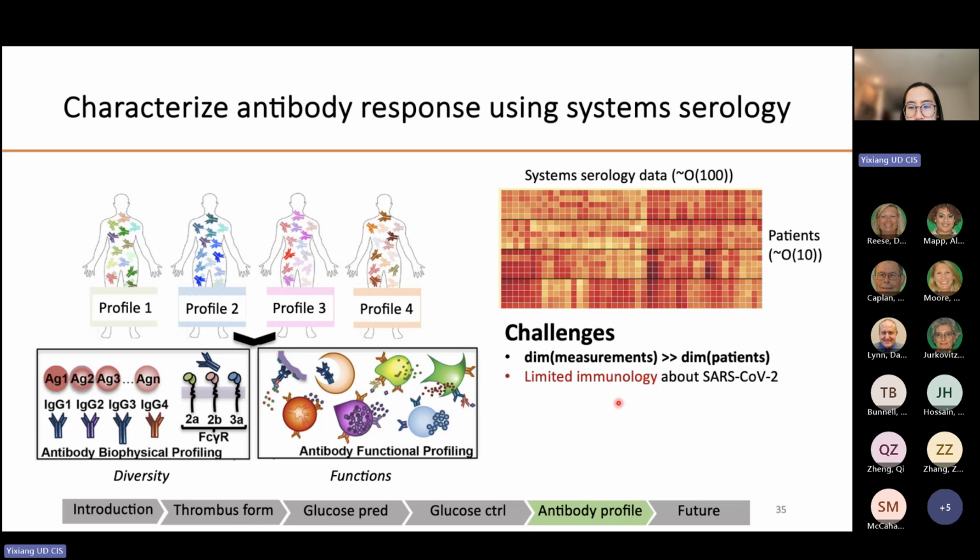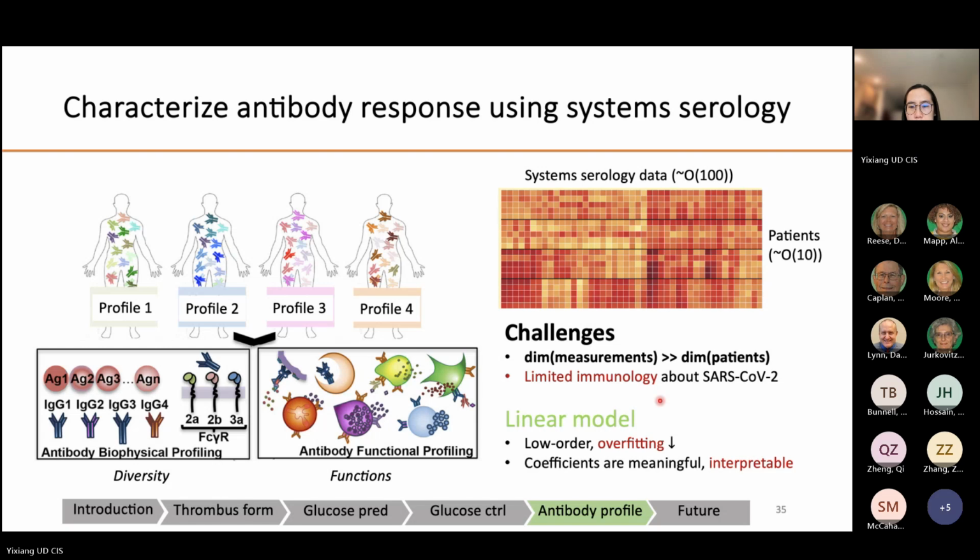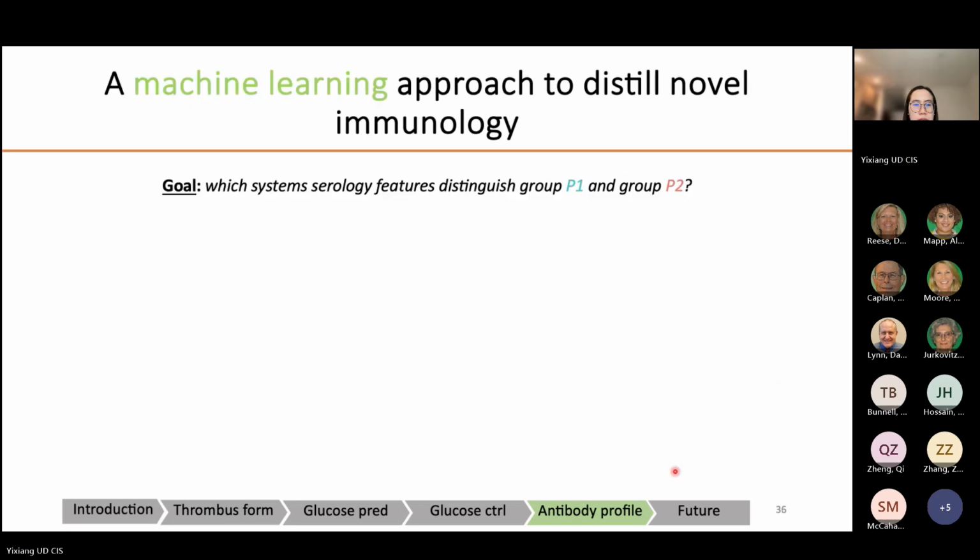And when we are faced with new viruses, it also gives us a limited immunology understanding of the disease. Therefore, we design a linear model, which is a low-order model, which decreases the overfitting, and the coefficients shown by this linear model are meaningful and also interpretable.